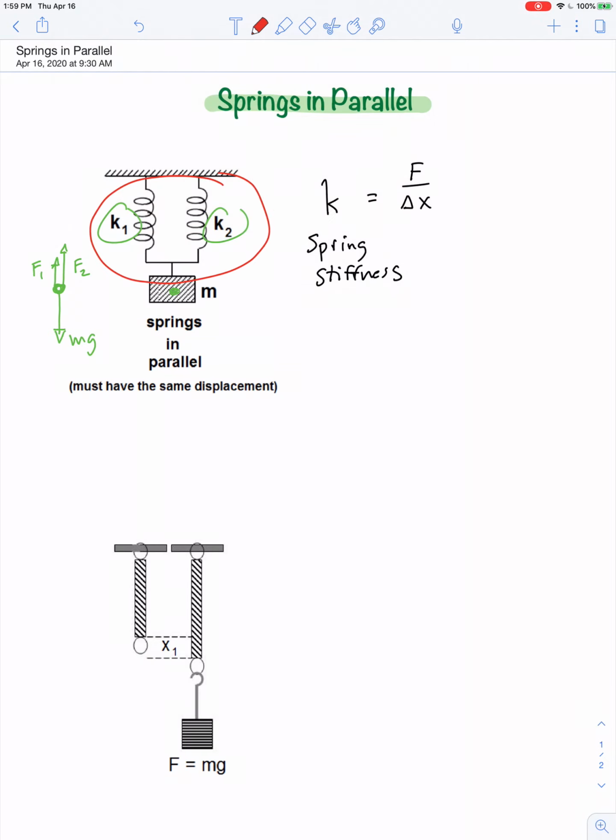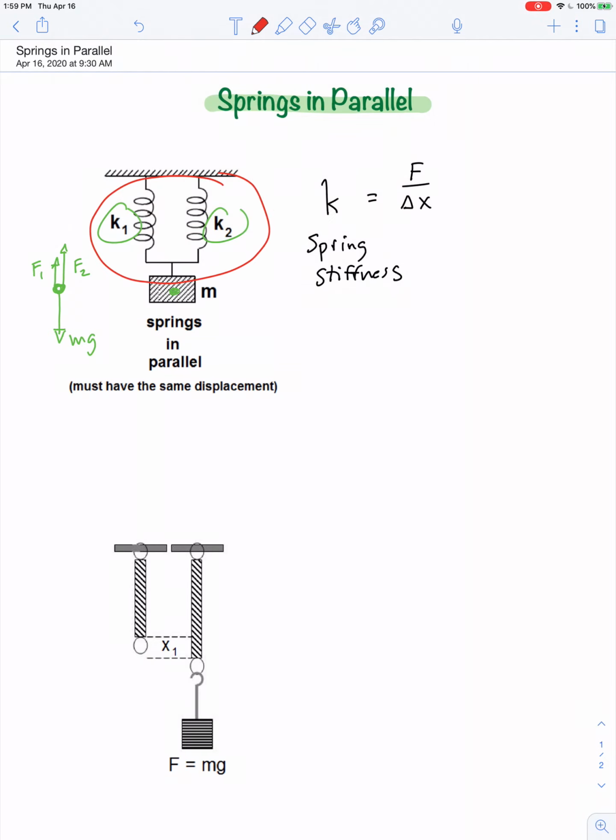But since it's the same mg in both cases, we can equate these expressions. So you get k1 delta x plus k2 delta x equals k effective delta x. And since we're picturing these as all the same delta x value, we can cancel that out of both sides of the equation.